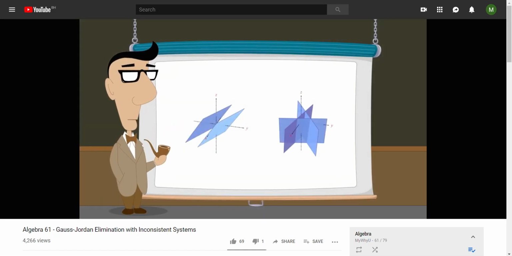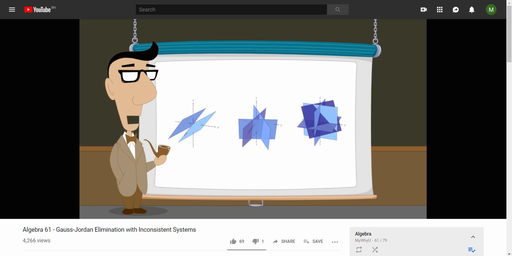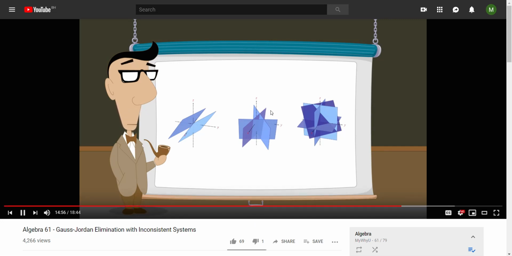So far, we have seen two configurations of planes that will produce an inconsistent system of three linear equations in three variables. However, in three-variable systems with more than three equations, there are additional configurations that produce inconsistent systems which don't contain parallel planes or triangular tubes. But in all cases, at some point during the process of Gauss-Jordan elimination, an equivalent system with parallel planes will always be produced, resulting in an indication of inconsistency.